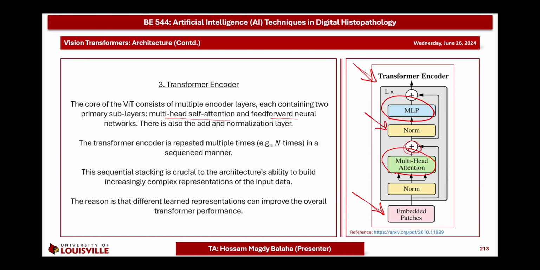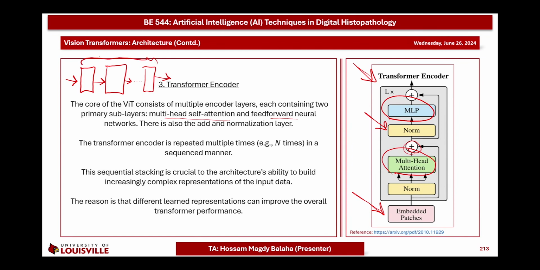Each of them has a specific task, but mainly this encoder is repeated multiple times, for example n times, in a sequenced manner. This means the embedded batches are subjected to an encoder, and then the output of the first encoder is an input for the second encoder, and so on until we reach the last encoder, which will be subjected to the classification head and then to the classification output.